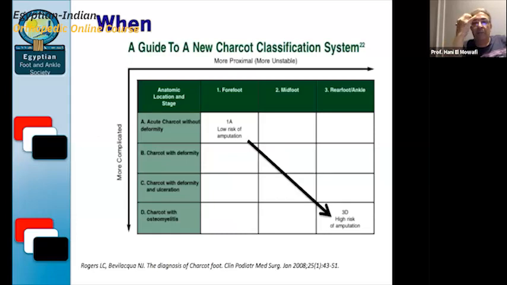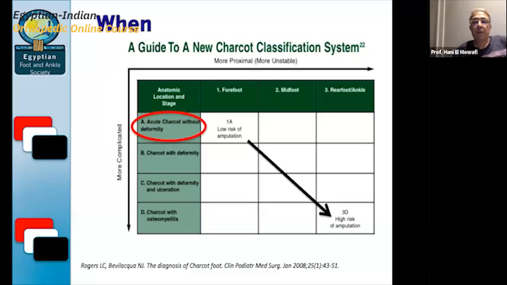We also have many classifications, but a recent classification was introduced by Rogers in 2008, beginning to assess the risk of amputation, as a prognostic value to know whether there is high or low risk of amputation. If we look into this classification, it begins with acute Charcot without deformity.